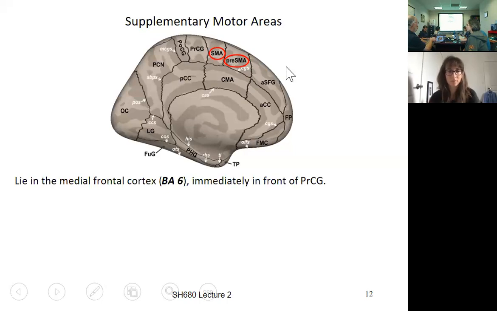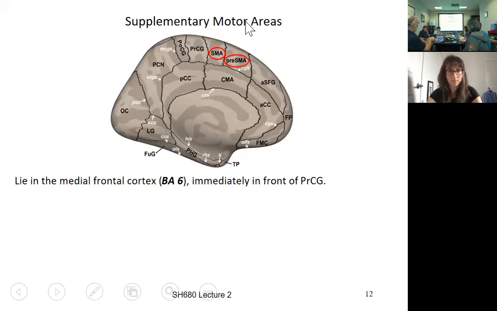Your problem as a reader of the literature is that some people are going to use SMA to mean both of these, especially in earlier papers. Any paper written before 1990 is very likely to just call this supplementary motor area. Others are going to separate them, and the more modern the paper, the more you'll see them separated into SMA proper, or just SMA, and pre-SMA.